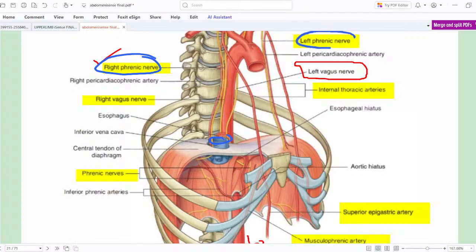And the left phrenic nerve goes down and directly pierces the diaphragm, not through any opening. This is the esophageal hiatus, and we have the left vagus nerve. If you want to be very specific, remember left vagus nerve, but saying vagal trunk is also okay.